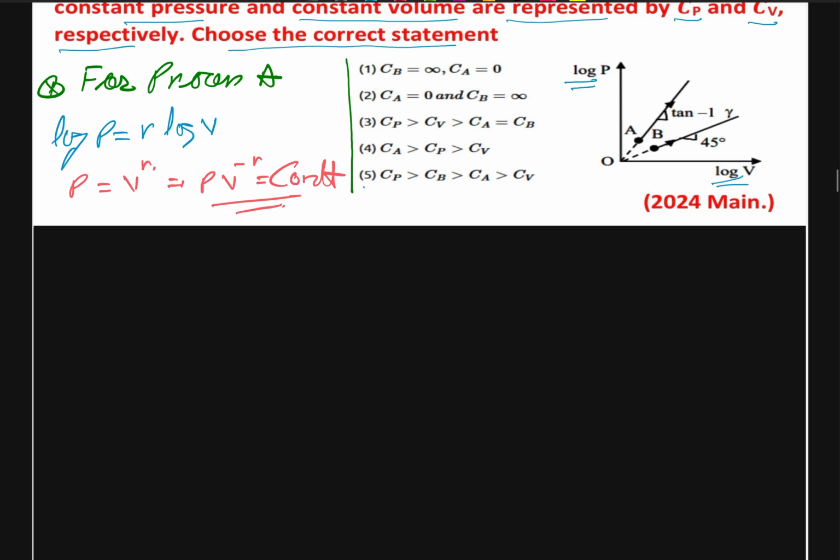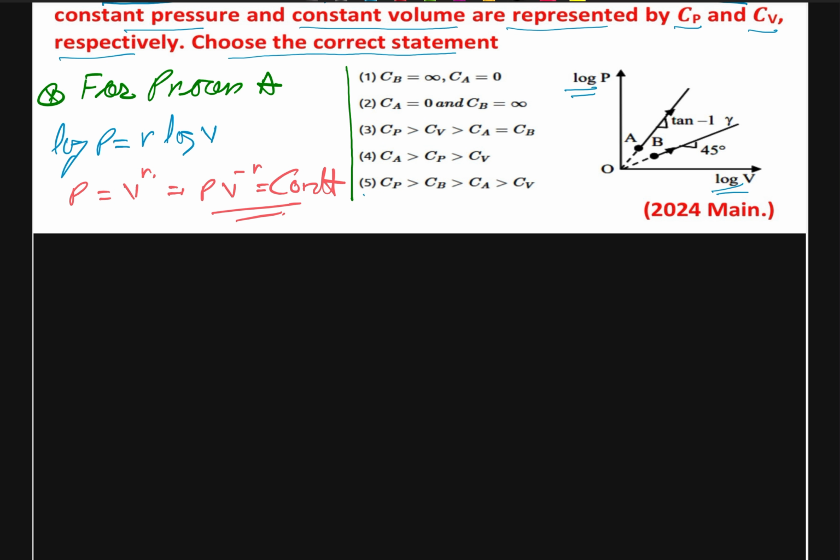And for the molar specific heat of A, we can write that C of A will be equal to C of V plus R upon 1 plus gamma. Let us call this equation number 1.